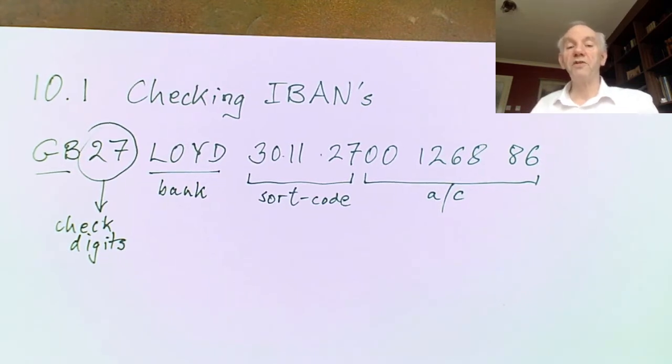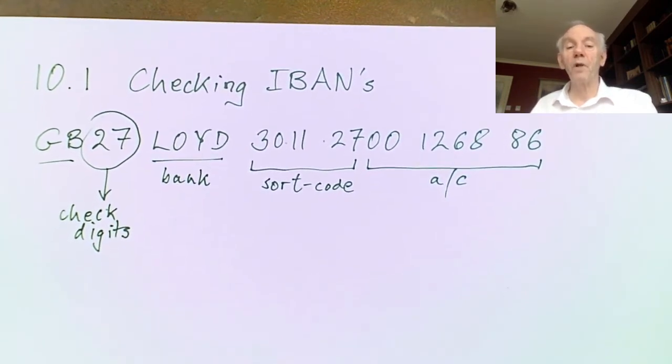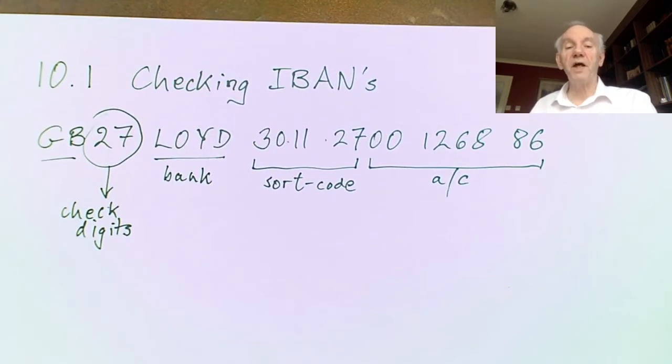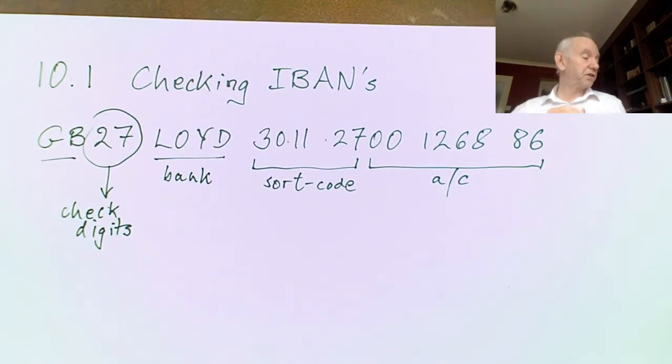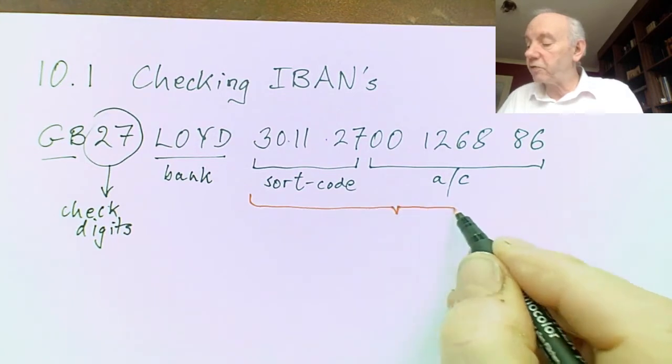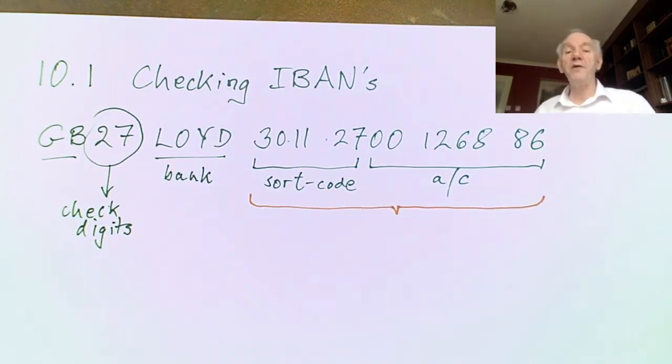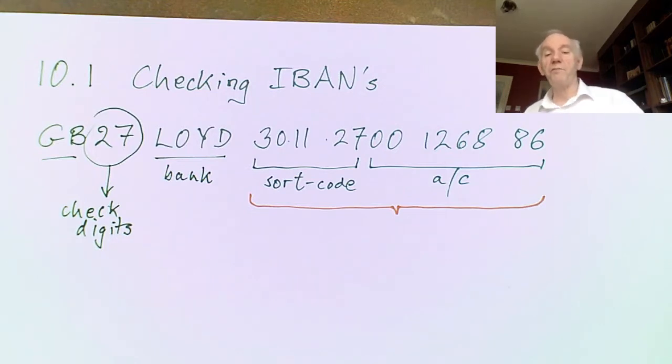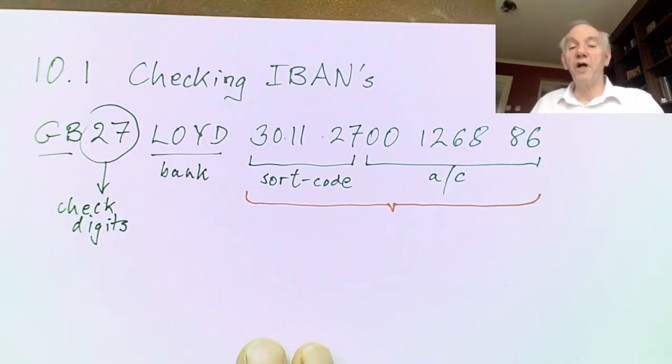So those are the parts of the IBAN, and I want to explain now what validation this goes through. The first part is what you might call a national validation of this part of the numbers. This corresponds to the sort code and the account number, and this goes through a separate, simpler validation process.